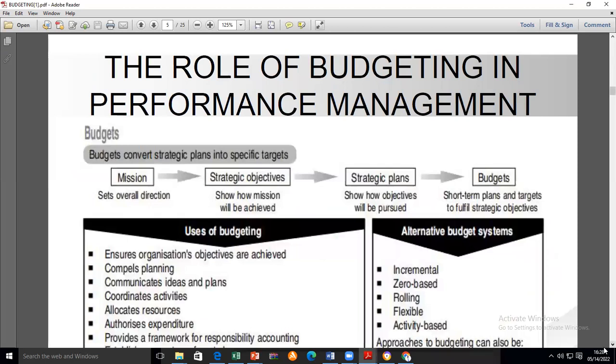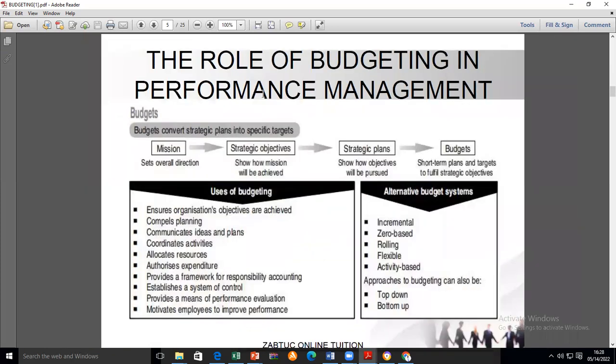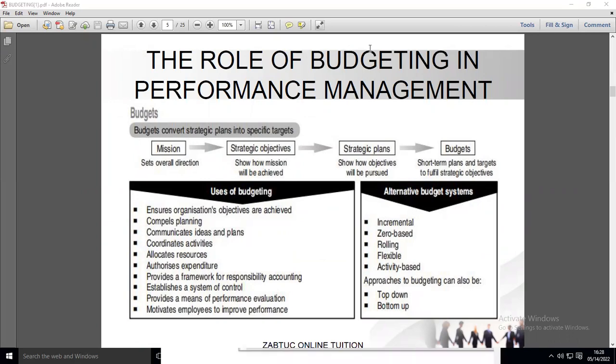Let us now start our discussion on budgeting. The role of budgeting in performance management. So where does budgeting come into performance management? How would you answer that question? Well, budgets convert the strategic plans into specific targets.